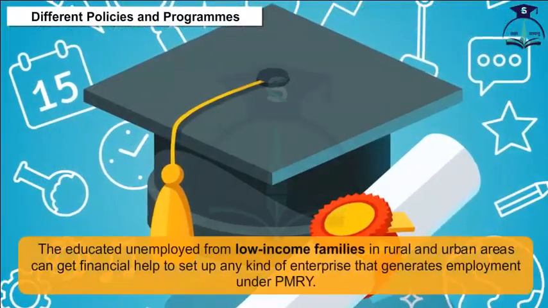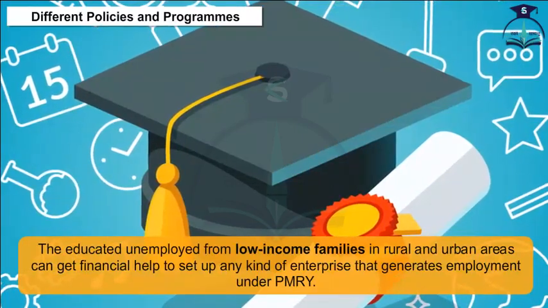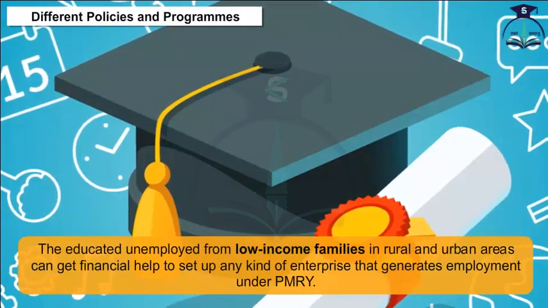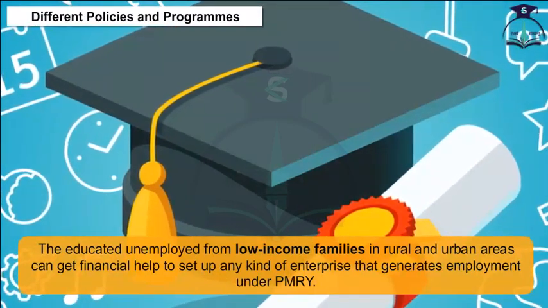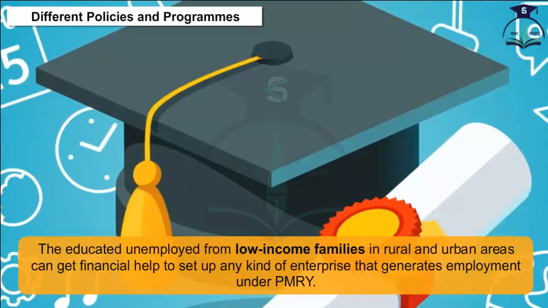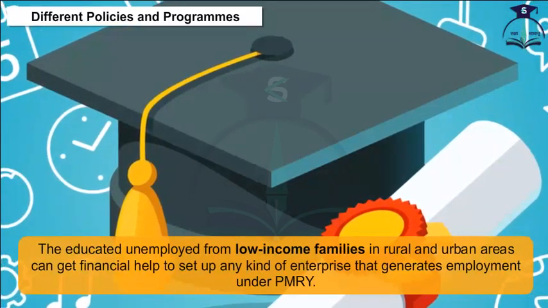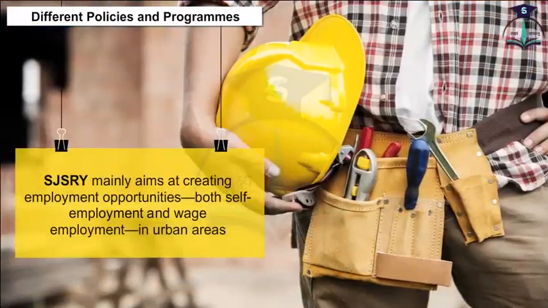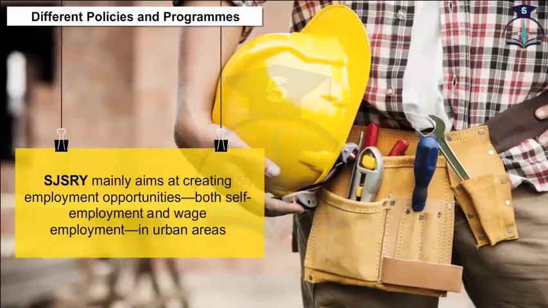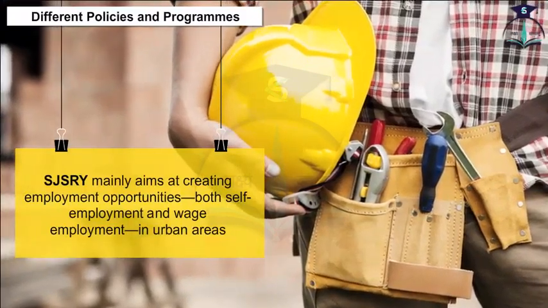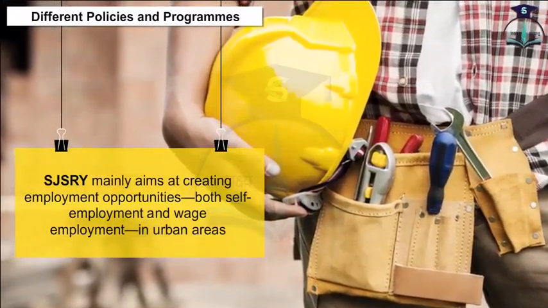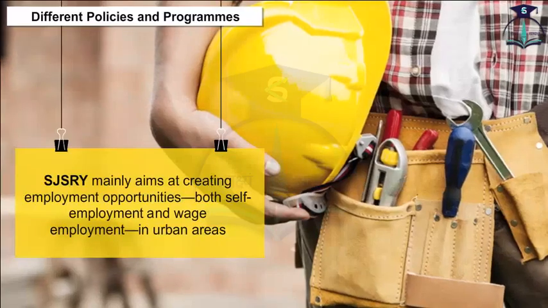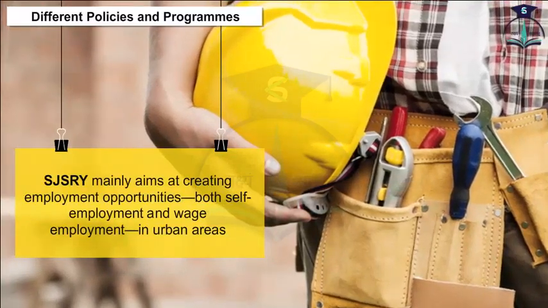The educated unemployed from low-income families in rural and urban areas can get financial help to set up any kind of enterprise that generates employment under PMRY. SJSRY mainly aims at creating employment opportunities, both self-employment and wage employment, in urban areas.